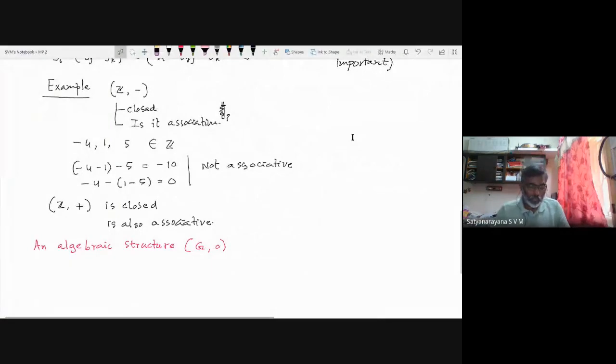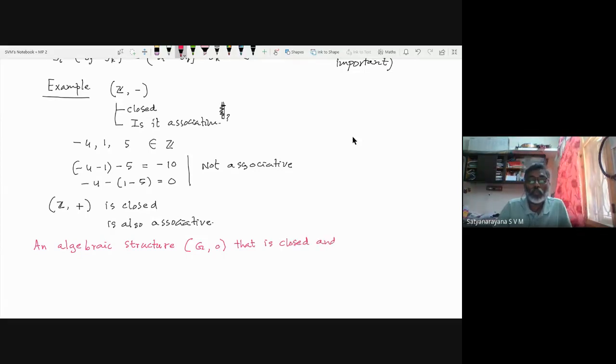An algebraic structure G0 that is closed and associative is called a semigroup.